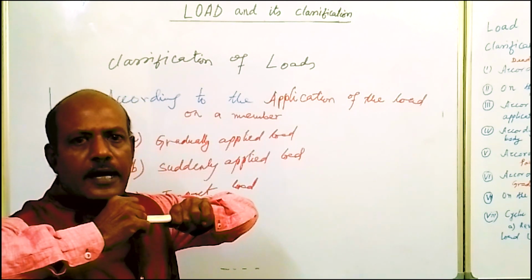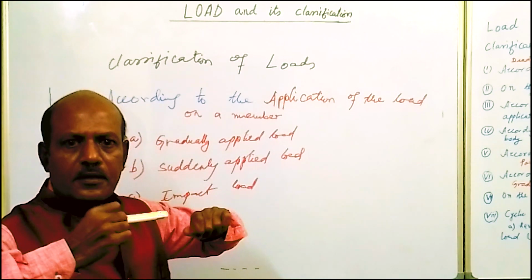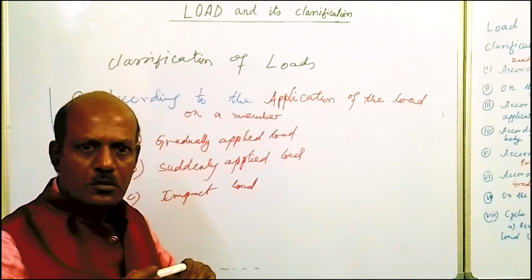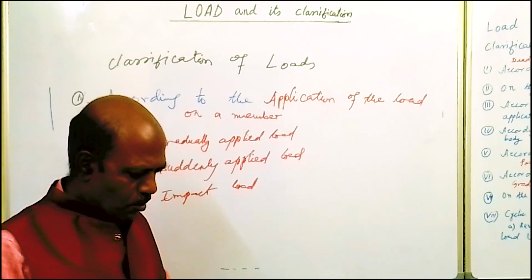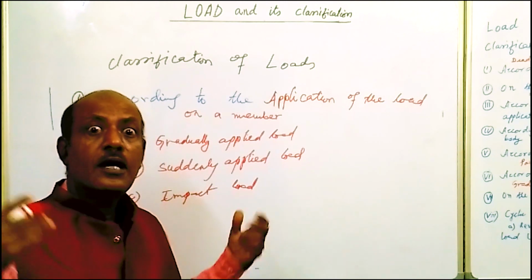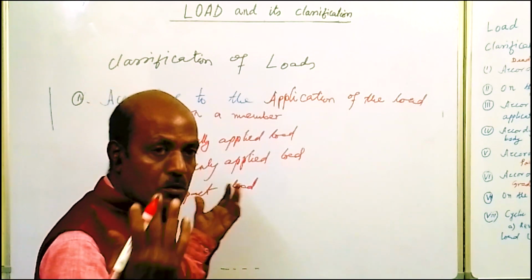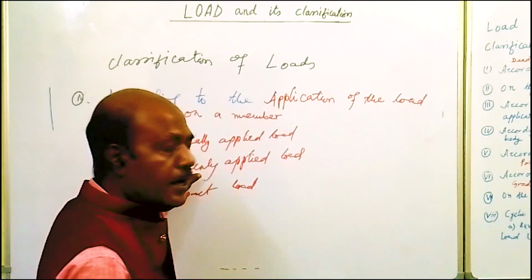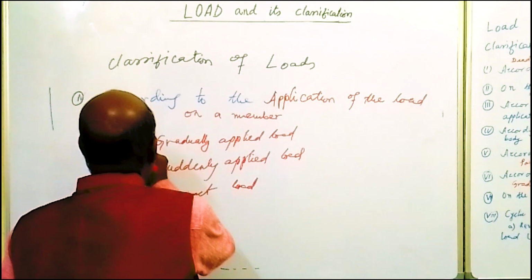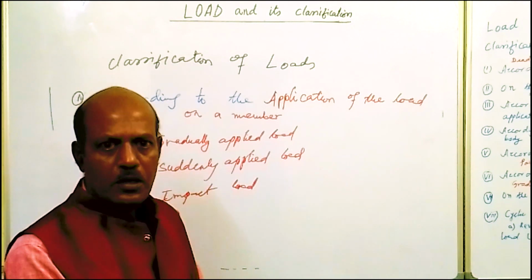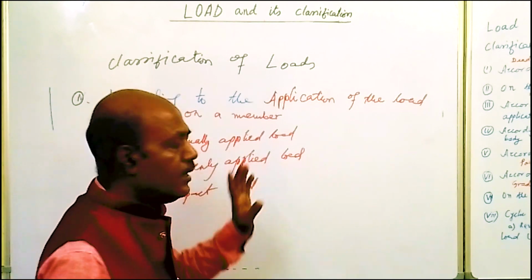Now you try to put some force over it to some maximum value. So on the spring, application of load will be from 0 to some maximum value, say 0 to F, and it requires some time. That kind of load is called gradually applied load, and the second kind of load is called suddenly applied load.